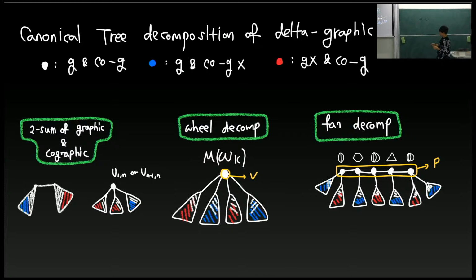So in the tree decomposition, we find the edge which separates the graphic part and the cographic part. The tree decomposition structure roughly looks like this. However, it may not be canonical because it may have a bad pair, which means both are uniform matroids of rank 1 or both are uniform of rank n minus 1. So to make it canonical, we contract this edge, and the resulting decomposition looks like this. So in this case, we get two kinds of tree decomposition.